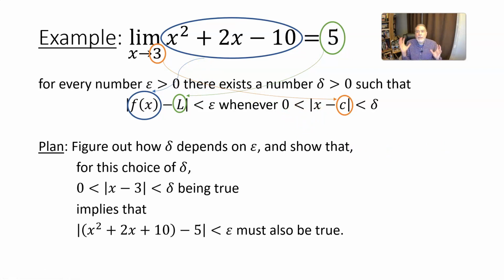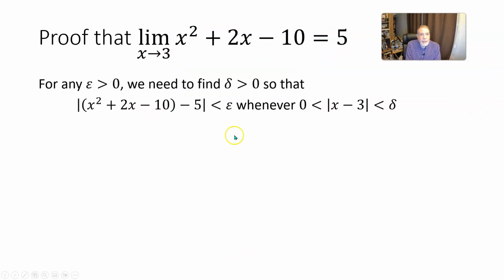So the plan of attack is we have to figure out how the delta depends on the epsilon and show that for this choice of delta, 0 less than the absolute value of x minus 3 less than delta being true will logically imply that the absolute value of x squared plus 2x minus 10 minus 5 being less than epsilon also must be true. Okay, so that's what we need to do. For any epsilon greater than 0, we need to find the delta greater than 0 that makes that work.